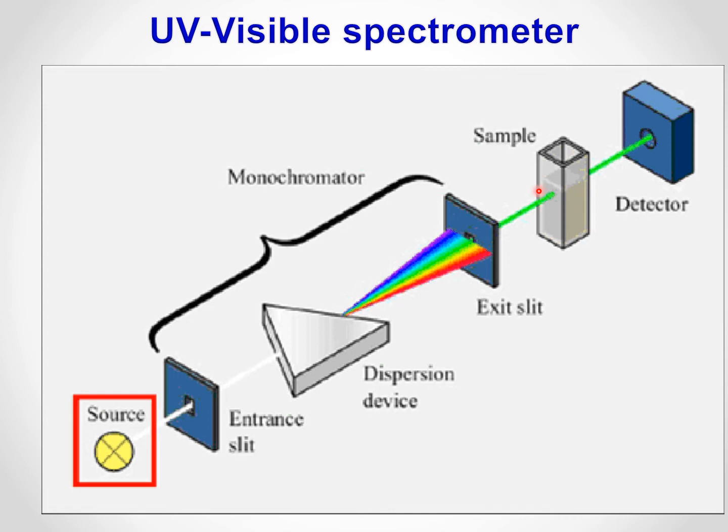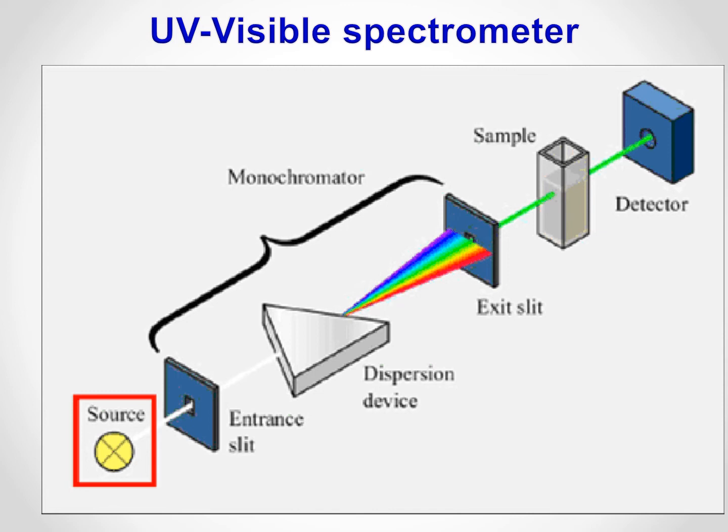The radiation that comes in is in the UV visible range, and using the monochromator we are splitting it into individual wavelengths, and then each wavelength is allowed to pass through the sample and the intensity is detected. So this is how the instrument is working.